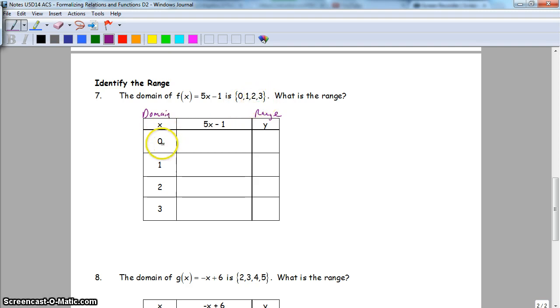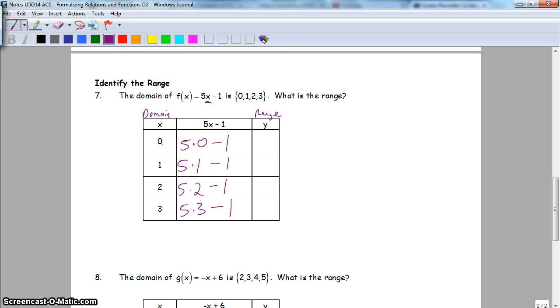These are still x's. So you're going to plug this in for x. 5 times 0 minus 1. This one's going to be 5 times 1 minus 1. 5 times 2 minus 1. And 5 times 3 minus 1.